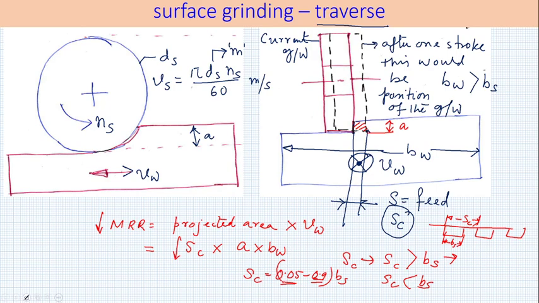So in case of traverse grinding, let me write down the expression for material removal rate once again. Material removal rate is equal to SC into A into VW. This is wrong, this would be VW. So SC into A into VW, where SC is the cross feed, and typically cross feed is less than the width of the job, width of the grinding wheel.